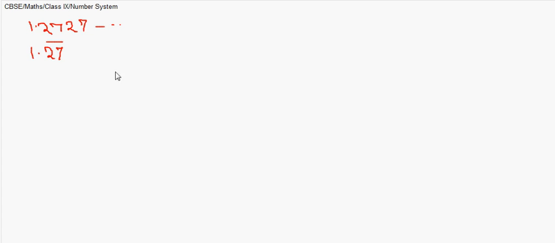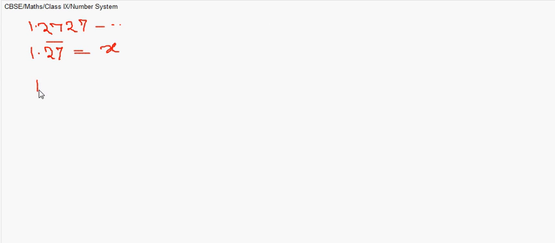In the previous questions I had taken 0.1 bar and 0.3 bar, that means only one digit was getting repeated, and I multiplied both the sides by 10. Here in this question you can see in 27, two digits are getting repeated.